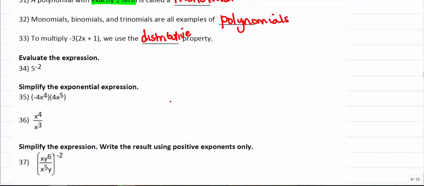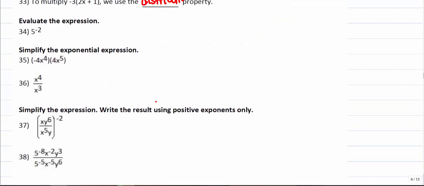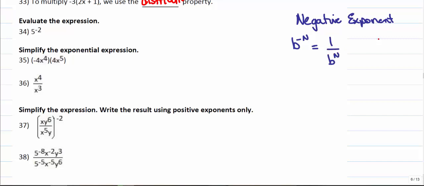The first one here, 5 to the negative second power, is going to use the definition for negative exponents. If you remember, the negative exponent says if you have some base to a negative number, then you can make that a positive exponent by flipping it.